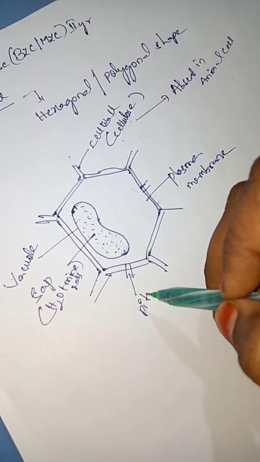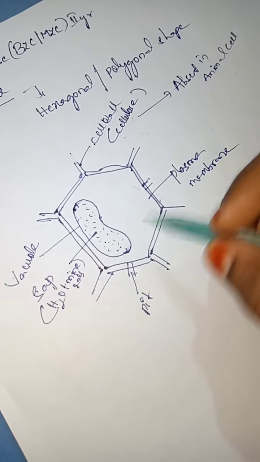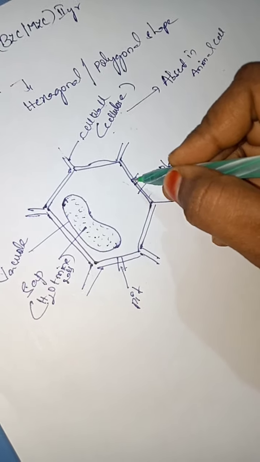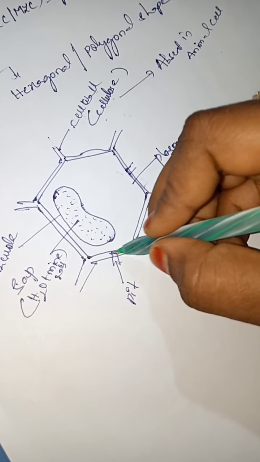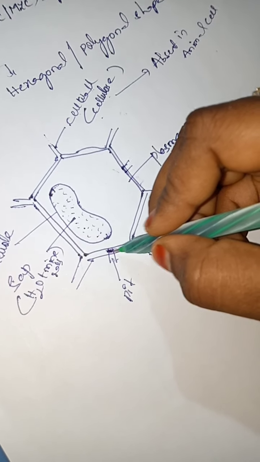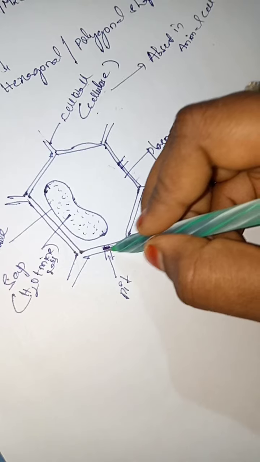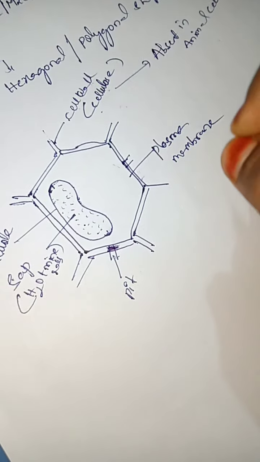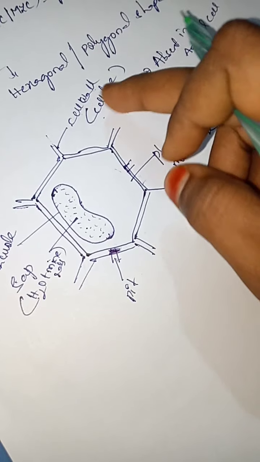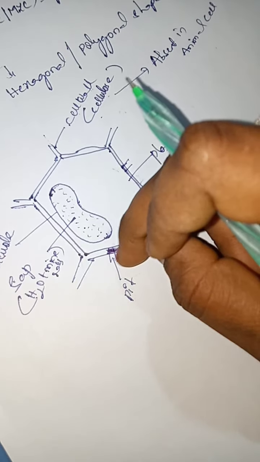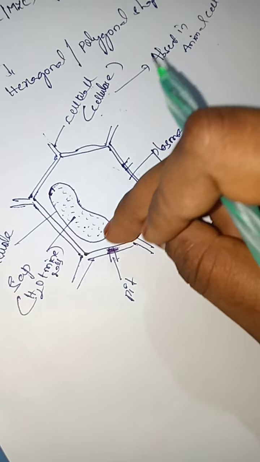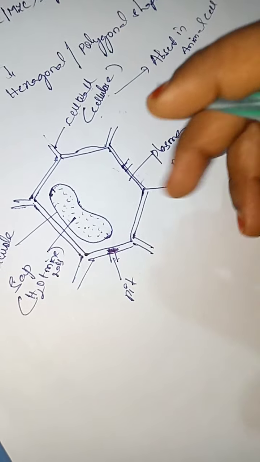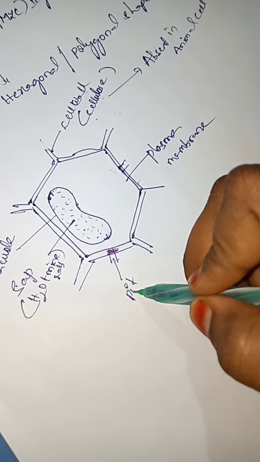Not present, that means not absent actually, but there are middle lamellar structures present. That makes the cellulosic cell wall not present at some areas, forming here a pit.